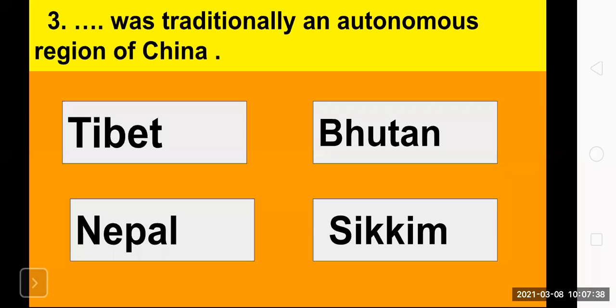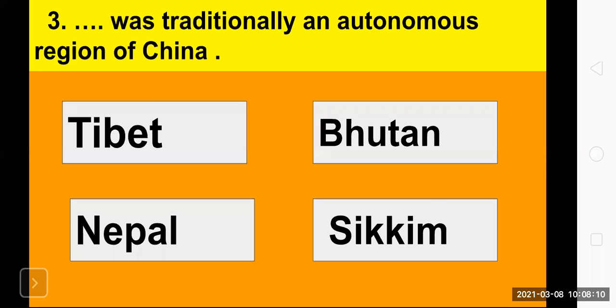The next one is: dash was traditionally an autonomous region of China. So we have to see the question. Traditionally an autonomous region of China: Tibet, Nepal, Bhutan or Sikkim. Students, we can see China and all these states. Some are countries and one is a region just attached to China.